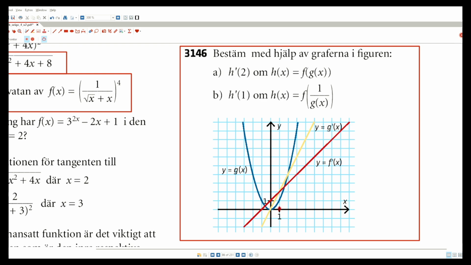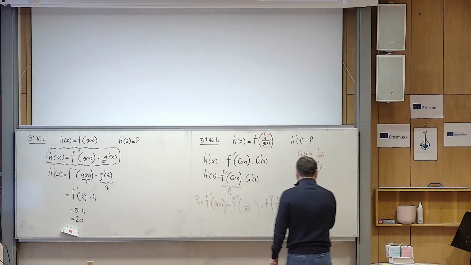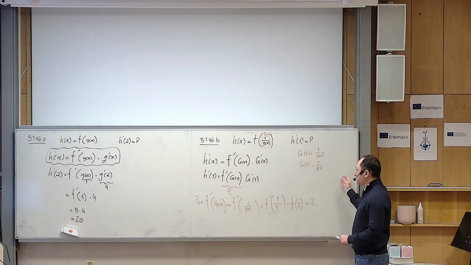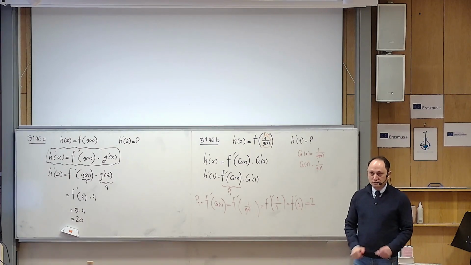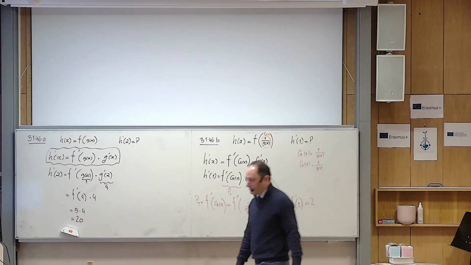I go vertically upward, find the intersection with the red graph, and then go horizontally. Which number do I find? 2. So that is just 2. Okay, so if there are 3 points, you got 2 points so far, even if you cannot solve the problem. Yes, 2 is better than 0.